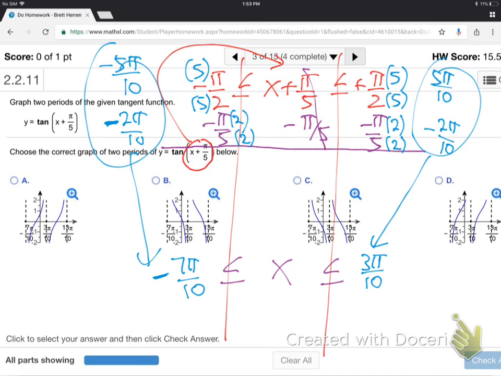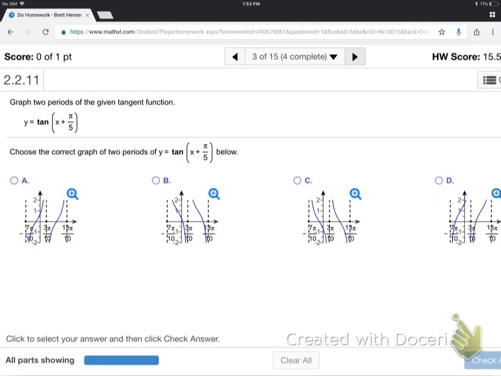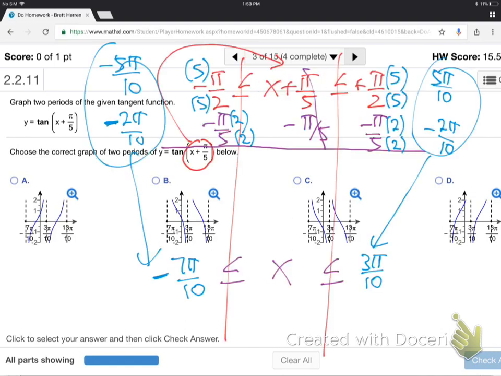Go ahead and see if you can draw those two dotted lines and do the graph. I'll go there too. So we found negative 7 pi over 10 and positive 3 pi over 10.